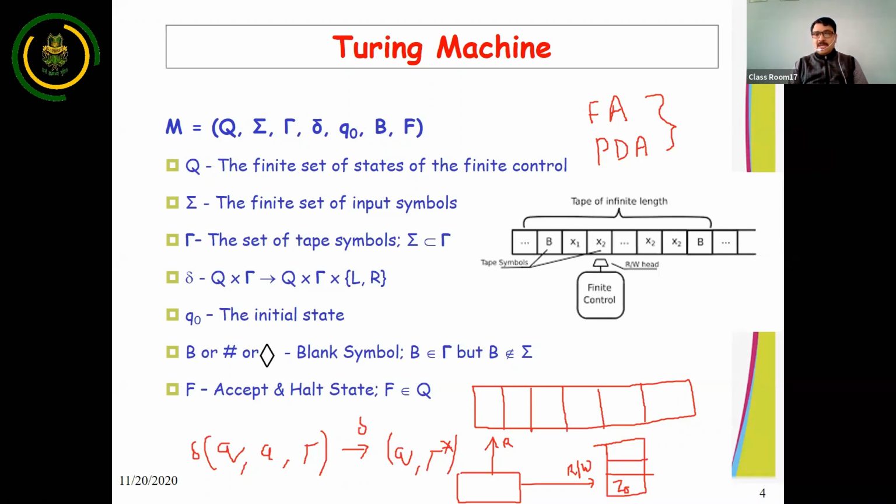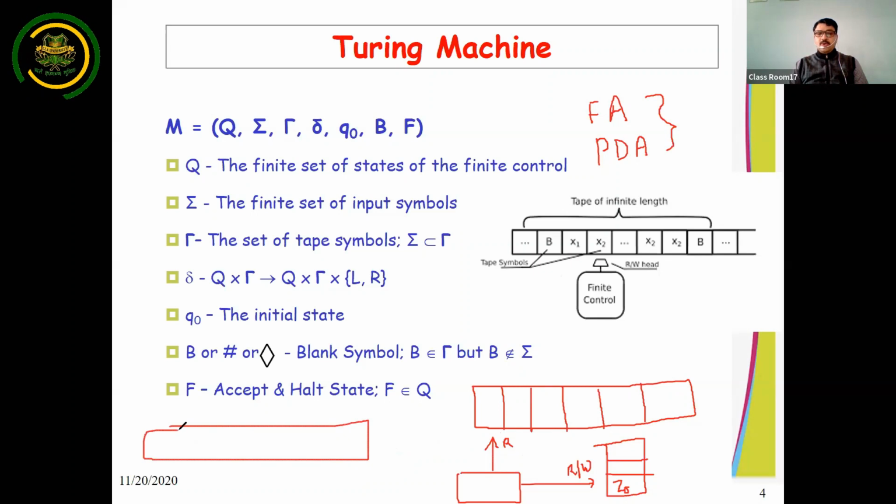Now the model of the Turing machine can be considered as, just see here, you can consider this diagram. This is the simple diagram that consists of a tape. The whole tape is divided into equal size blocks, but the length of the tape is infinite.